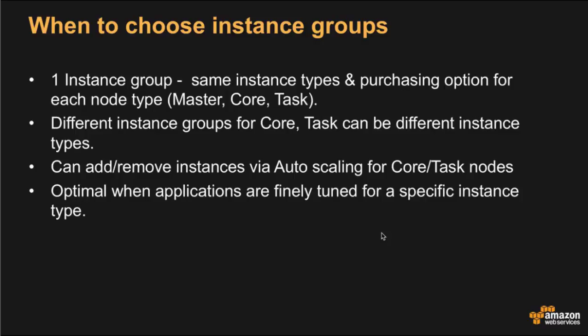One additional advantage of choosing the instance group option is the fact that you could use auto scaling to add or remove instances for the core and the task nodes.